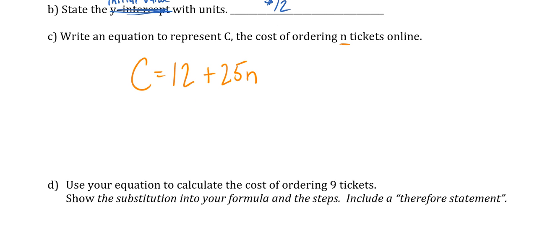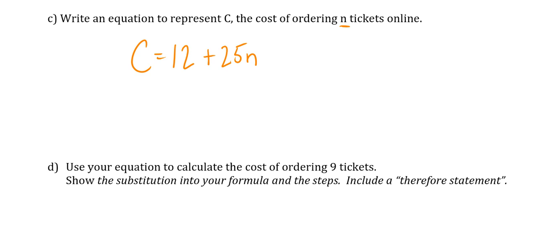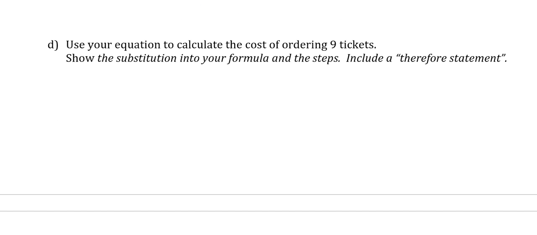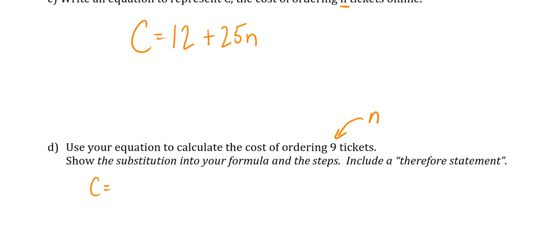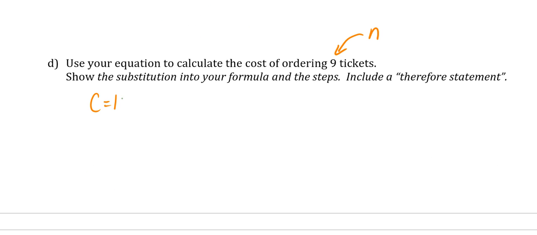We're going to use it. Use your equation to calculate the cost of ordering 9 tickets. Okay, so that means N is 9. That's what it's telling me. So the cost, and it's saying show proper steps. So we're going to try to do this the nice way. 12 plus 25 times 9 tickets.